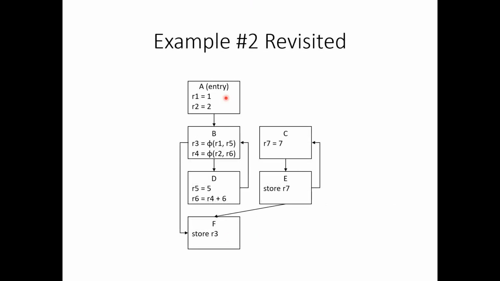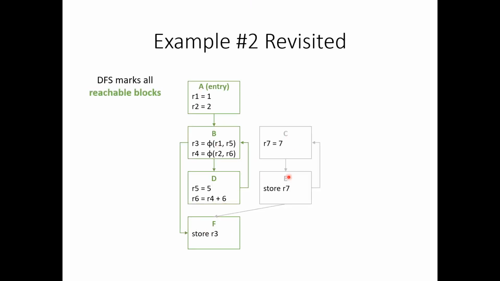So if I iterate through this control flow graph in depth first order, what basic blocks do I reach? What basic blocks do I not reach? A, B, D, and F are going to be reached, and C and E are not going to be reached. So I'm going to iterate through A, B, D, and F. I will not visit C and E.